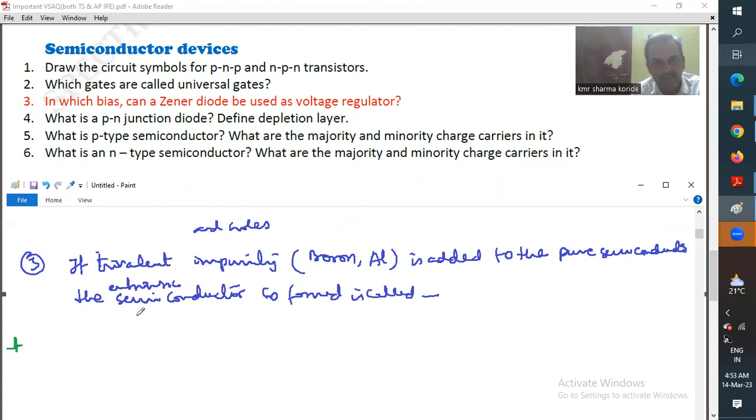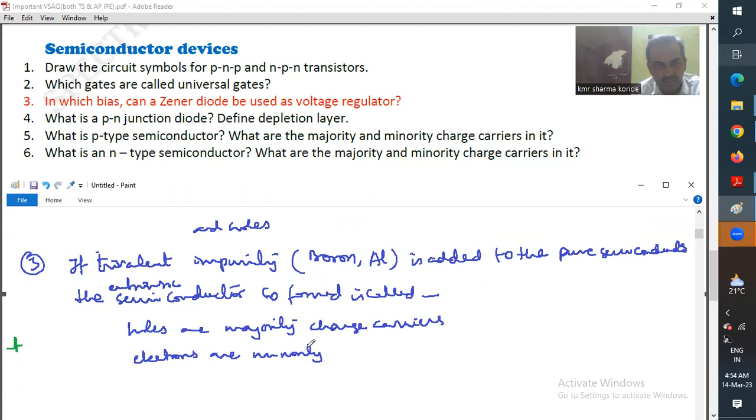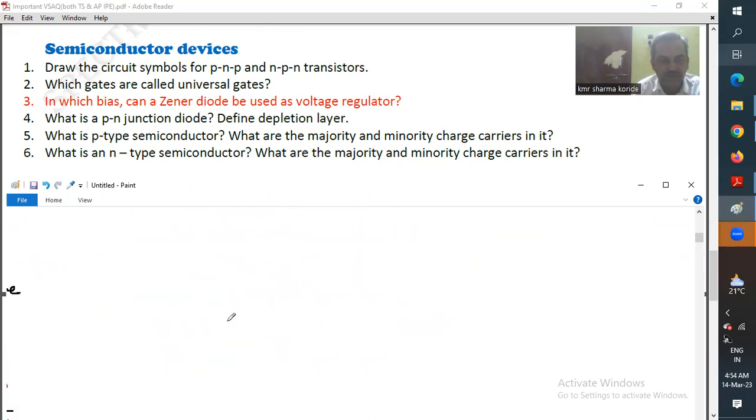So what are the majority charge carriers? Holes are majority charge carriers and electrons are minority charge carriers.